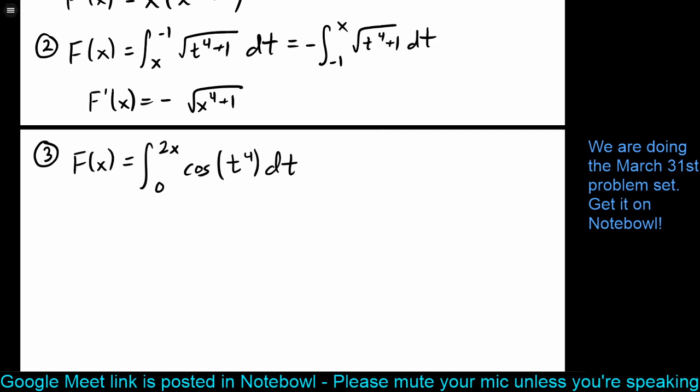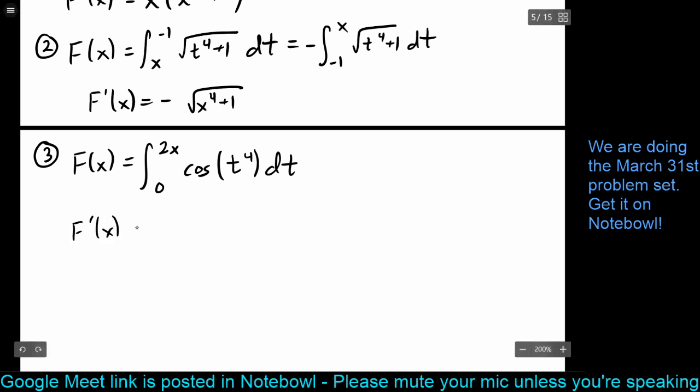So when we're doing this one, this basically turns into a chain rule problem. Our fundamental theorem of calculus says we can do the derivative as long as there's an x up here. But if you have something that's not an x plugged in, then it just turns into chain rule. It's not really that big of a deal.